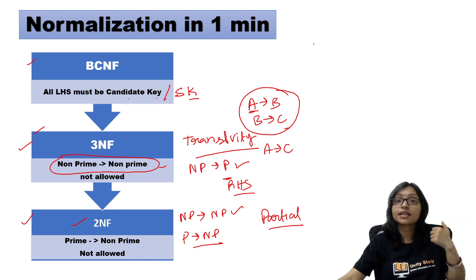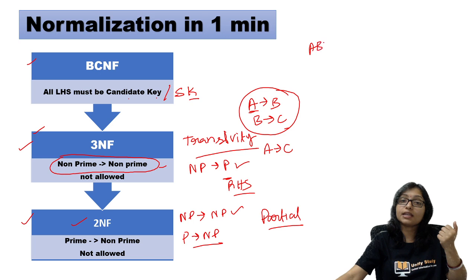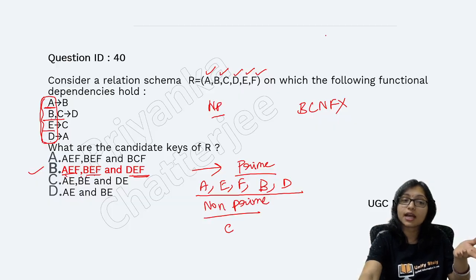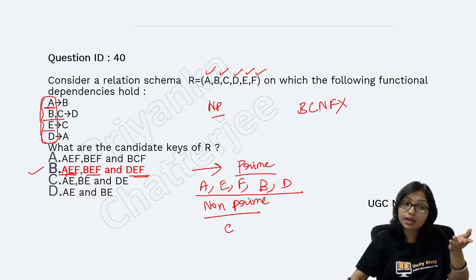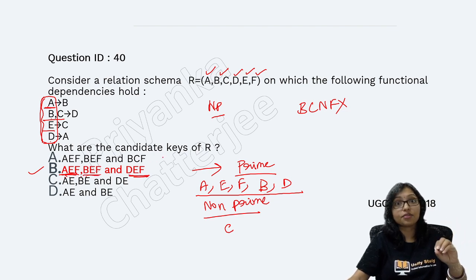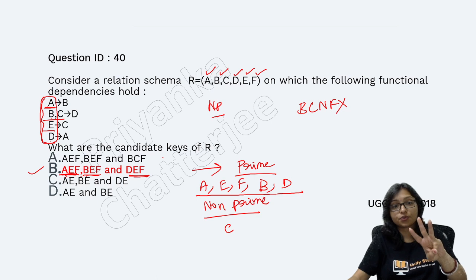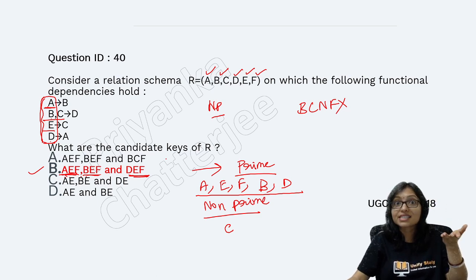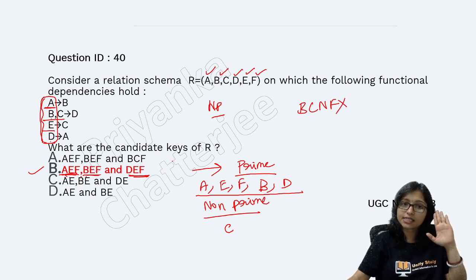Like just now you saw, the candidate keys are A, E, F; B, E, F; D, E, F. In each and every candidate key there are 3 attributes. Then only is there a chance of partial dependency.